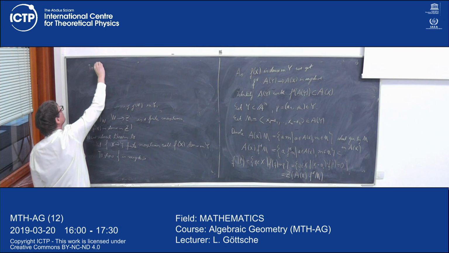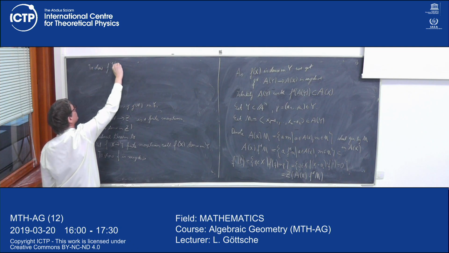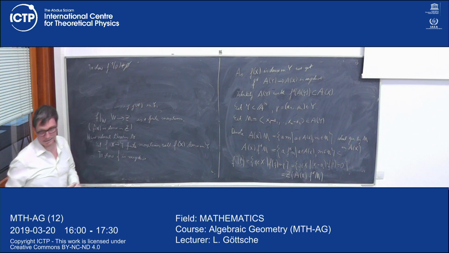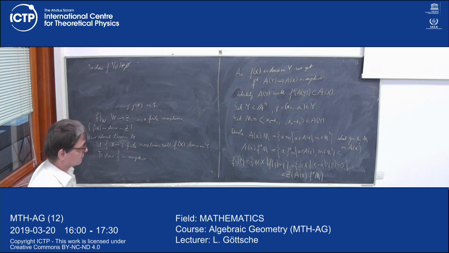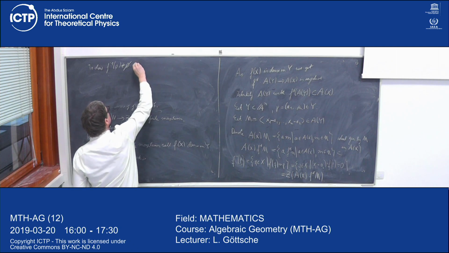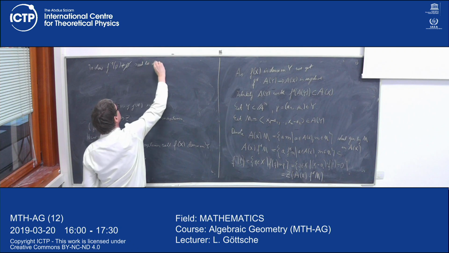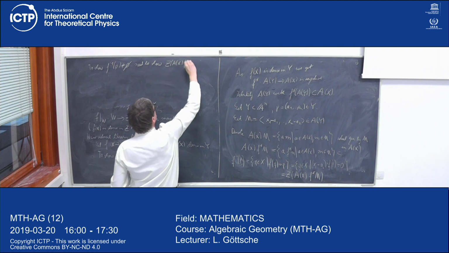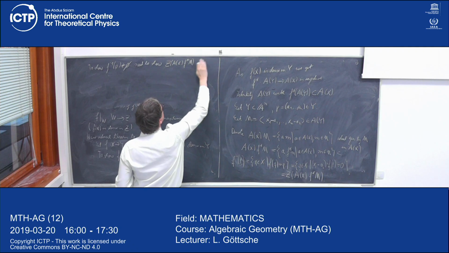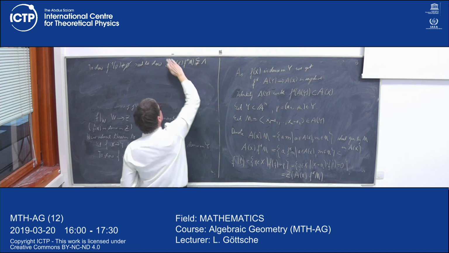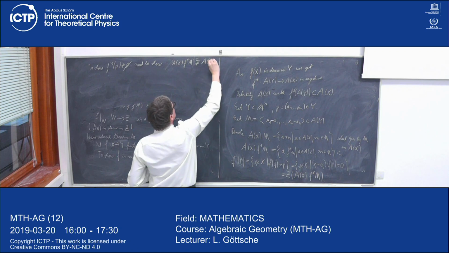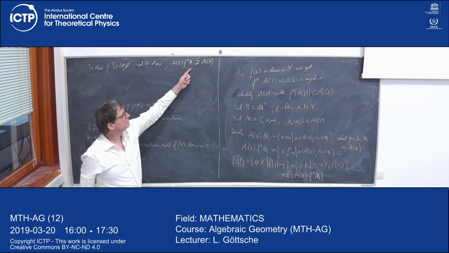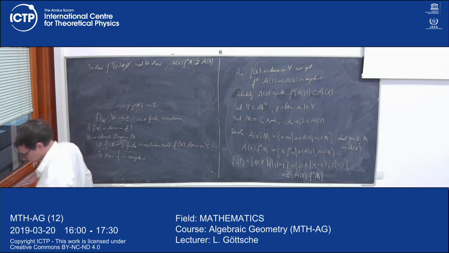So to show f minus 1 of P is non-empty, which is the same as saying that the map is surjective, and because we have taken an arbitrary point, we need to show that the ideal generated by F star M is strictly contained in AX, smaller than the whole of AX.